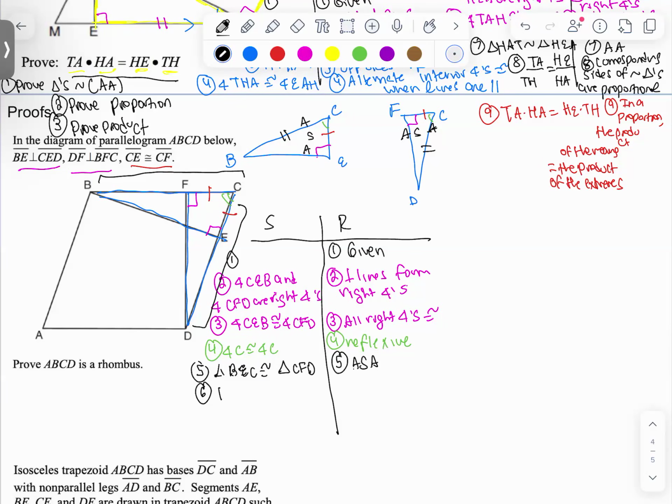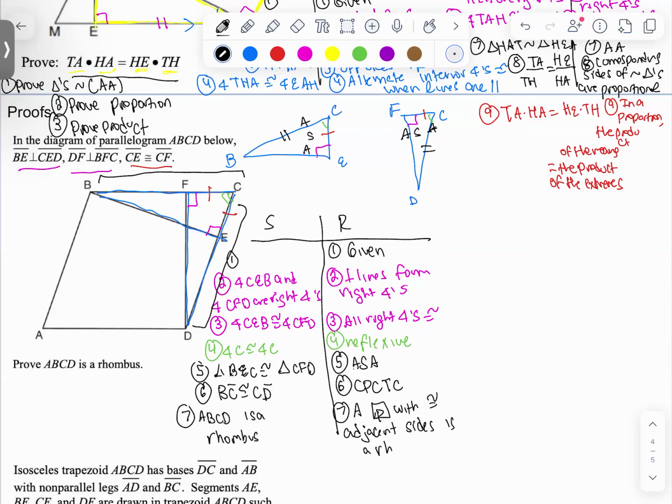Because once the triangles are congruent, their corresponding sides and angles are congruent by CPCTC, corresponding parts of congruent triangles are congruent. And now we can say ABCD is a rhombus, a parallelogram with congruent adjacent sides is a rhombus. That one wasn't too bad.